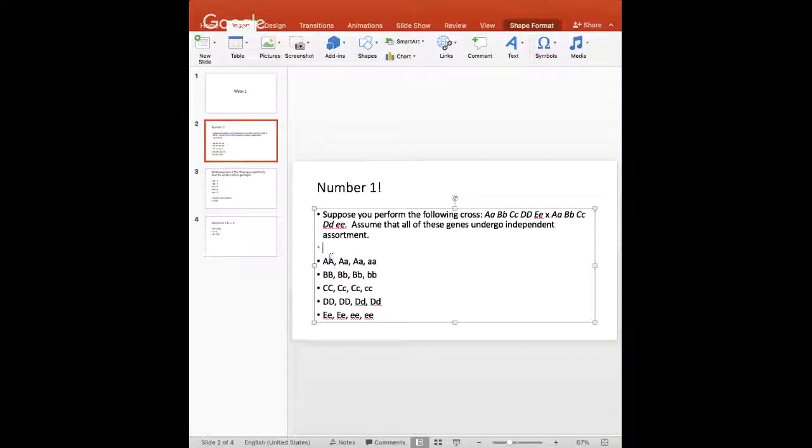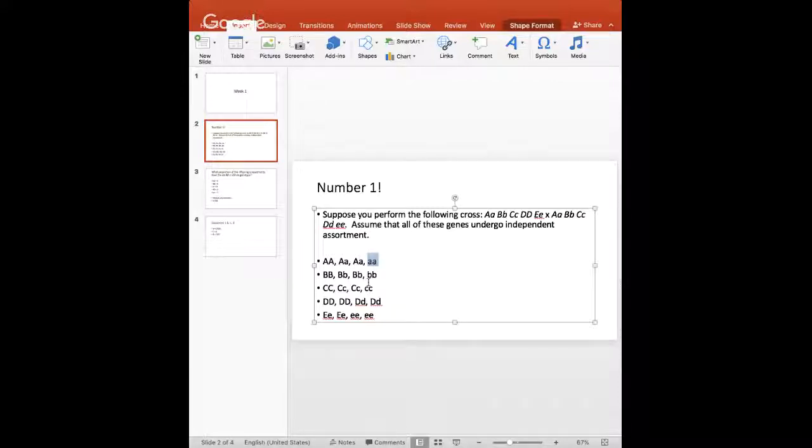So at least with the A's, you'd have a 1/4 chance of having a homozygous dominant, a 1/2 chance, or 50% chance, of getting a heterozygous, and then a 1/4 again of having homozygous recessive.